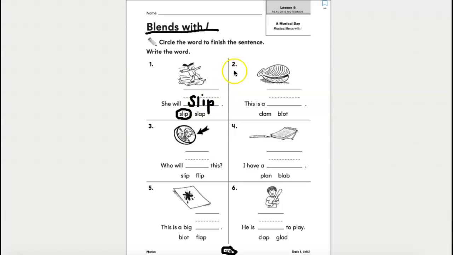Number 2, this is a clam. This is a picture of a clam. So in the blank, we should have put the word clam. And please make sure that you're correcting your paper if it's not right.